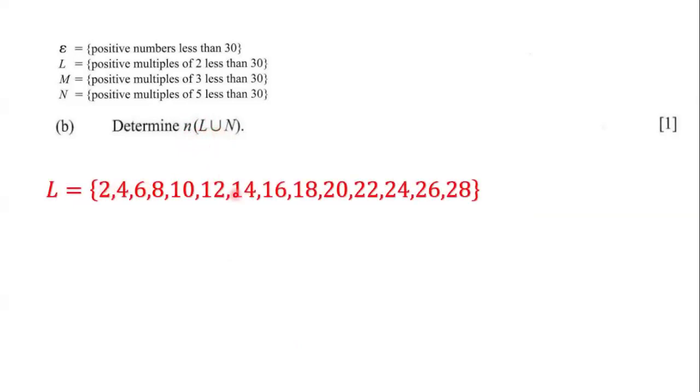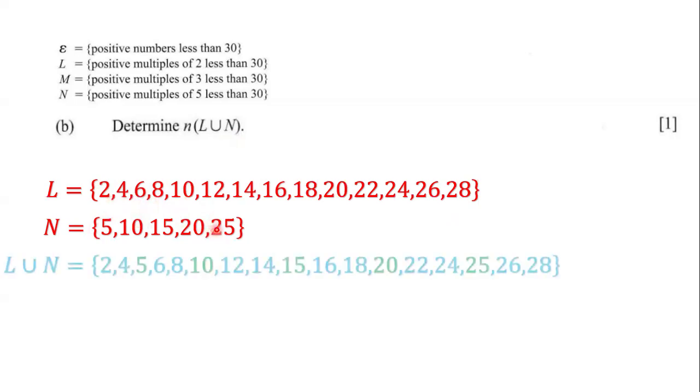We have set L and set N, and the union of L and N is going to be all of the elements in set L and all of the elements in set N combined, but no repeats.